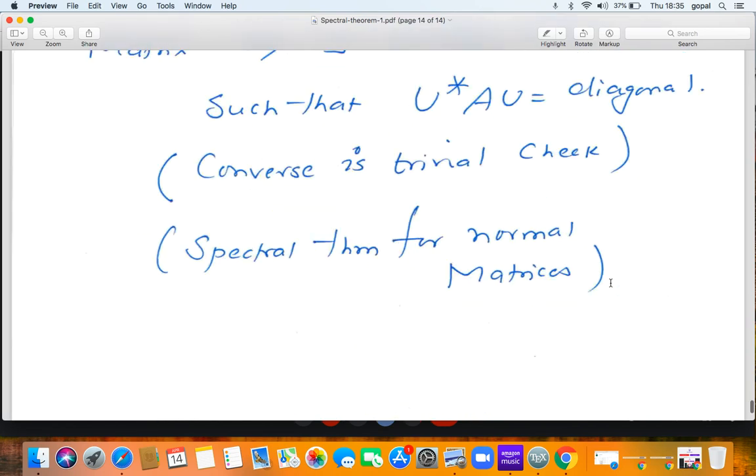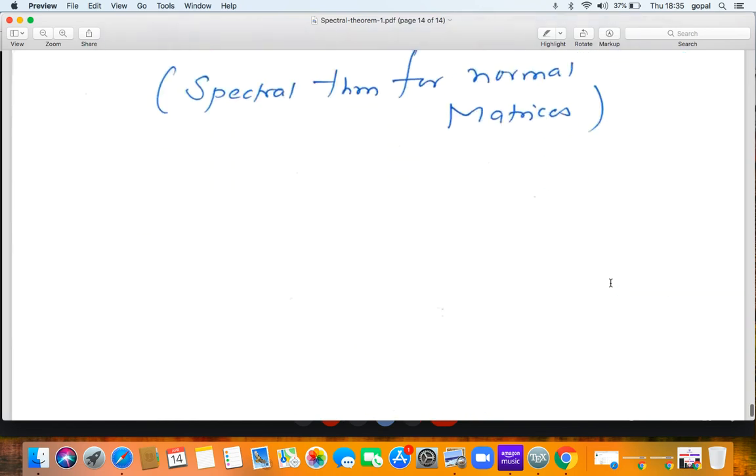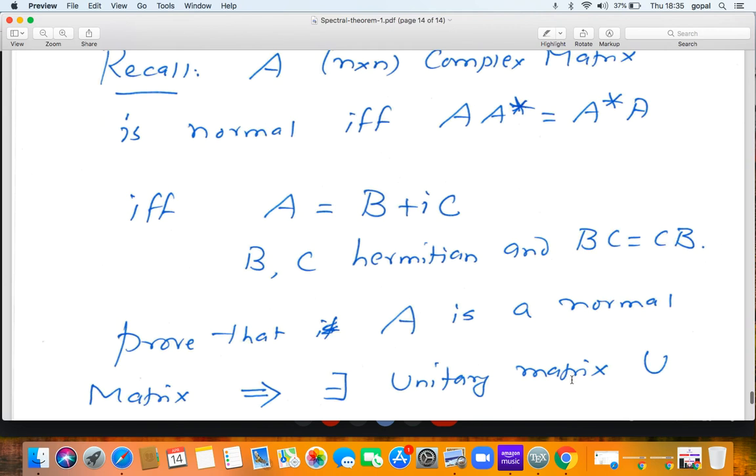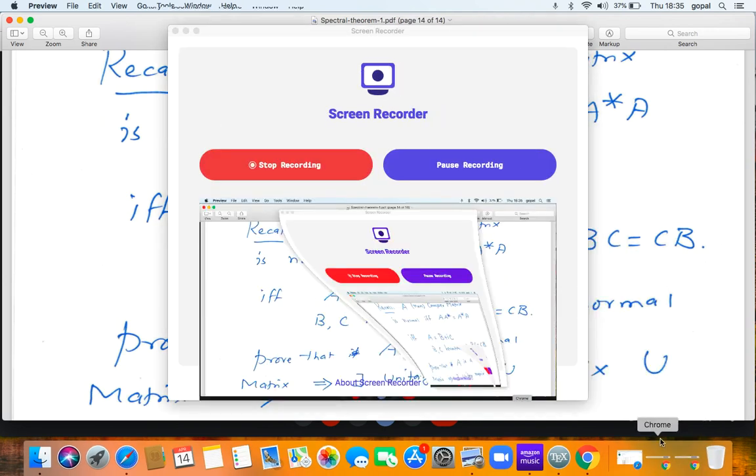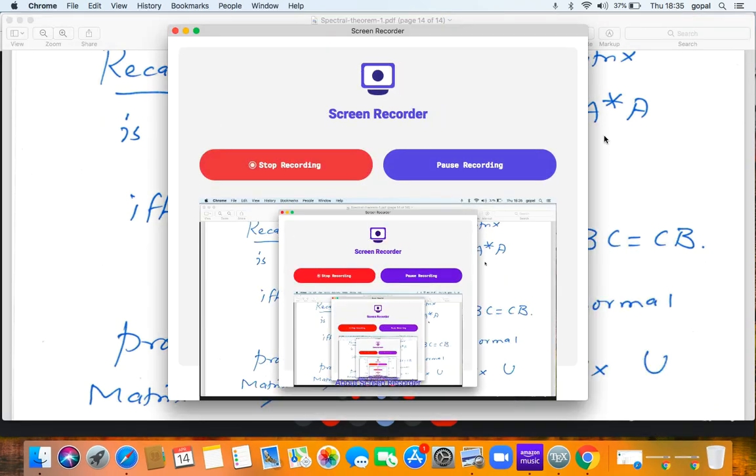So this is the spectral theorem for normal matrices. And I think this is a good place to stop this lecture. This completes the proof of the spectral theorem in the most general setup for matrices. And in the next couple of capsules, we shall see some applications and examples. Thank you.